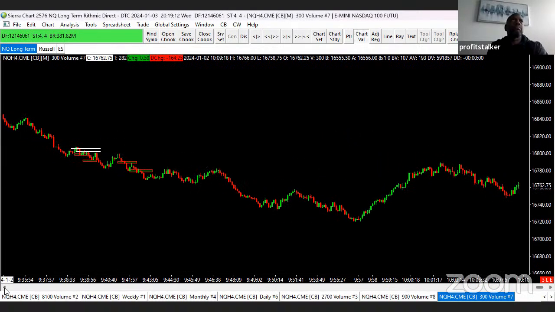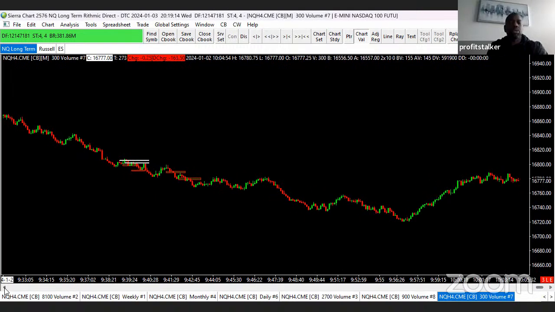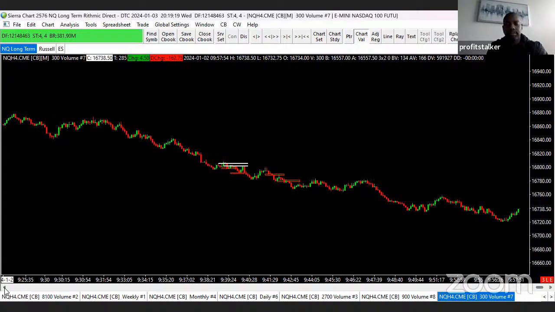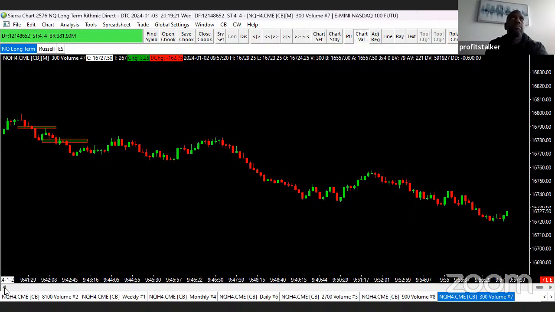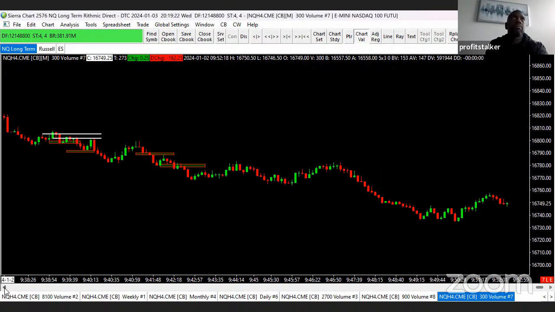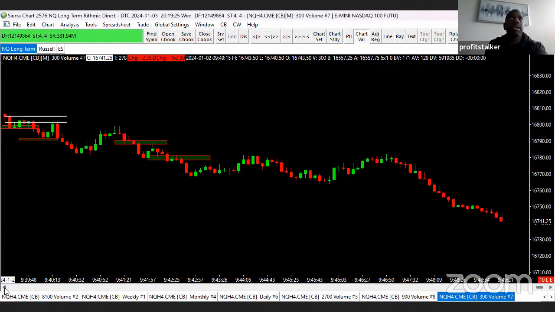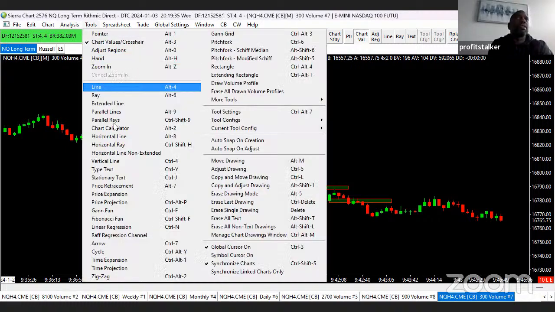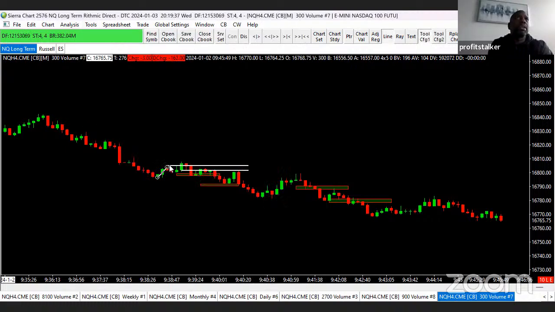Okay. So now I'm going to zoom in and show you the ABC pattern here. I'll draw it so you can see it. You can see the ABC pattern in each of these trades.